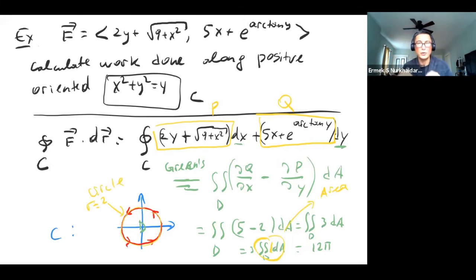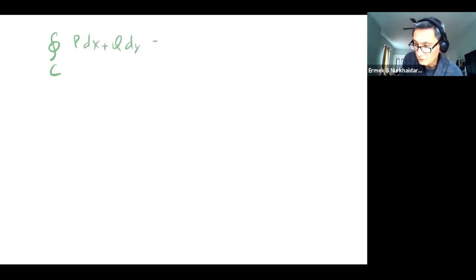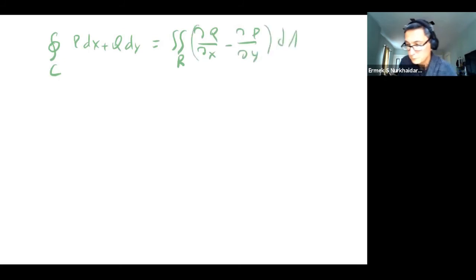Let me now outline why Green's theorem works. Again, Green's theorem says the following. We have the line integral over closed C of P dx plus Q dy equals the double integral of the partial derivative of Q with respect to x minus the partial derivative of P with respect to y, dA, right?